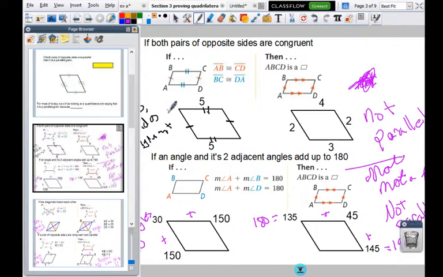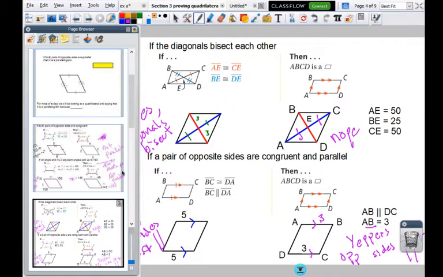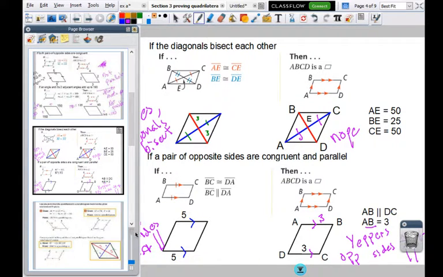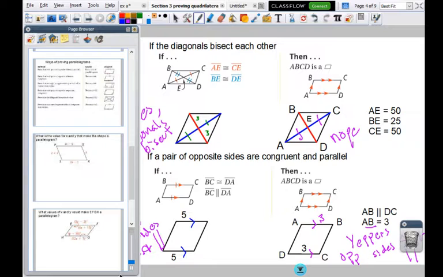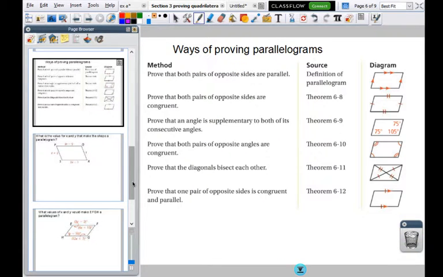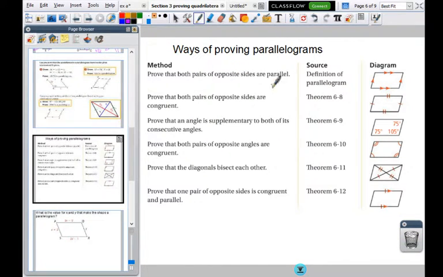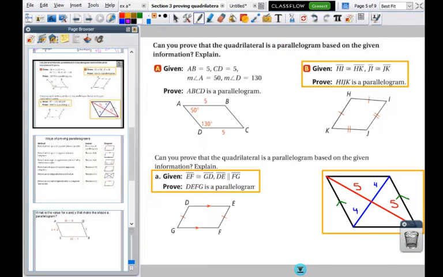We had if both pairs of opposite sides are congruent, and if an angle and its 2 adjacent angles add up to 180, and if the diagonals bisect each other, and if a pair of opposite sides are congruent and parallel. I gave you a nice list of all of these on the slide after the one we're going to look at right here, if you want to look at one slide instead of a bunch of slides.